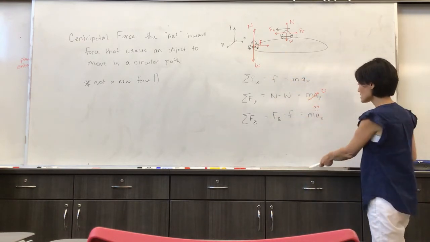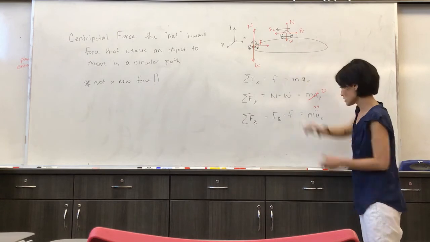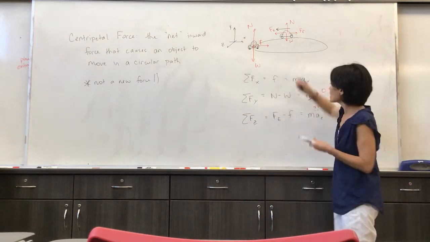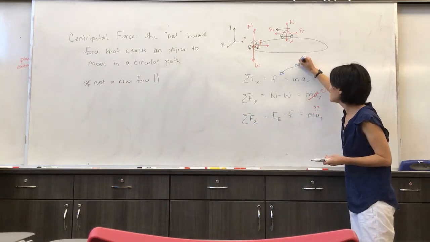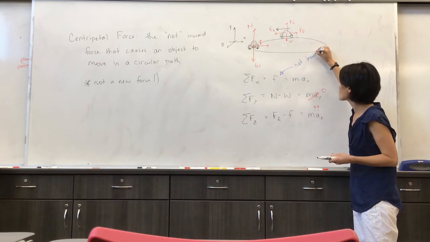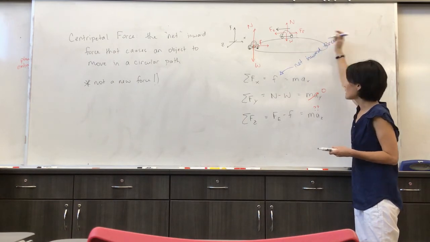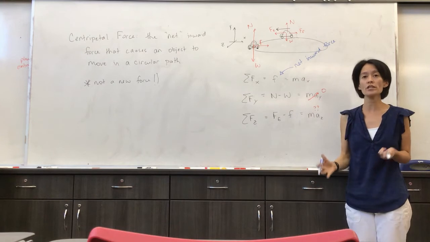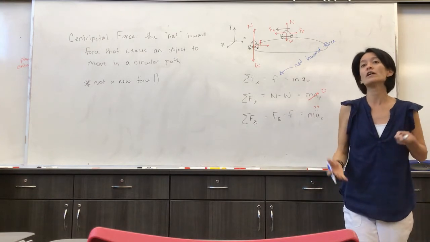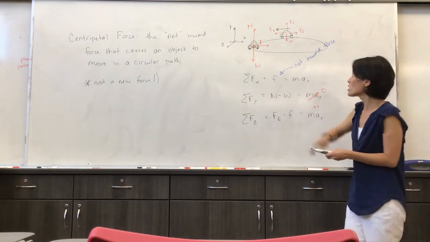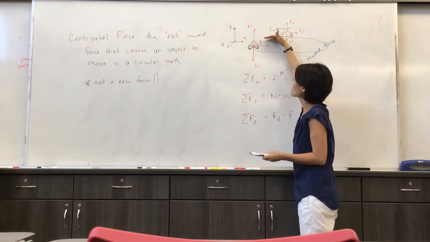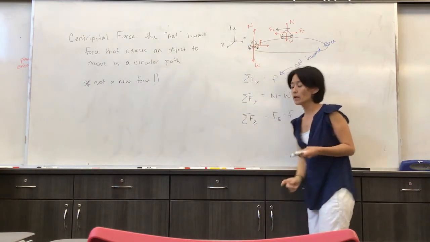So in this case, this right here, let's make it blue, this is my net inward force. This is the force that's causing the car to go in a circular path. If you didn't have friction, as the car would turn, it would just fly off. Okay?